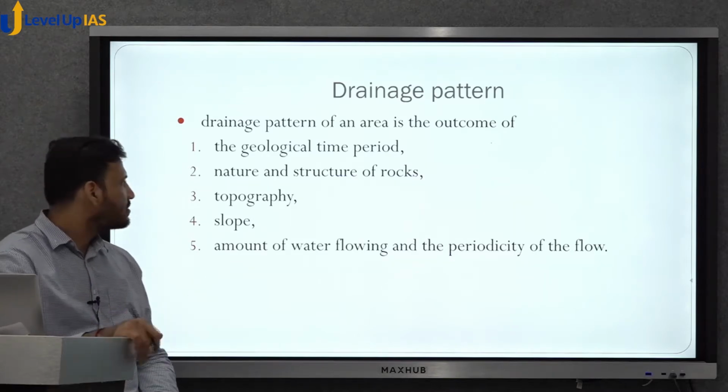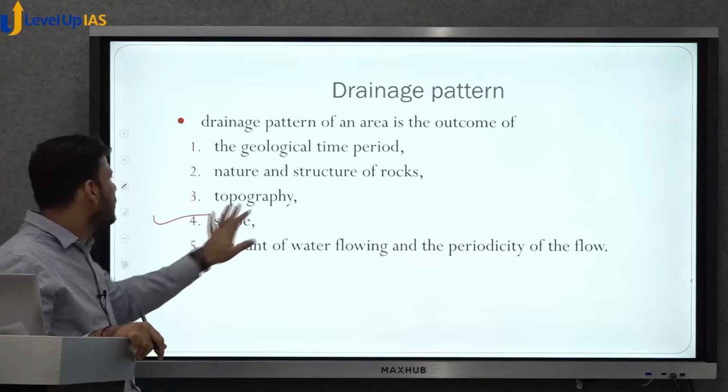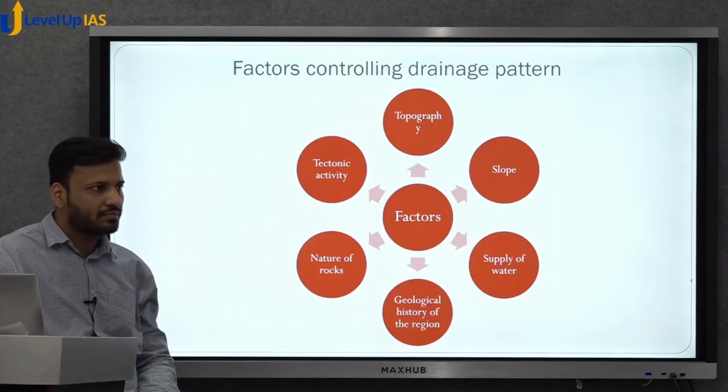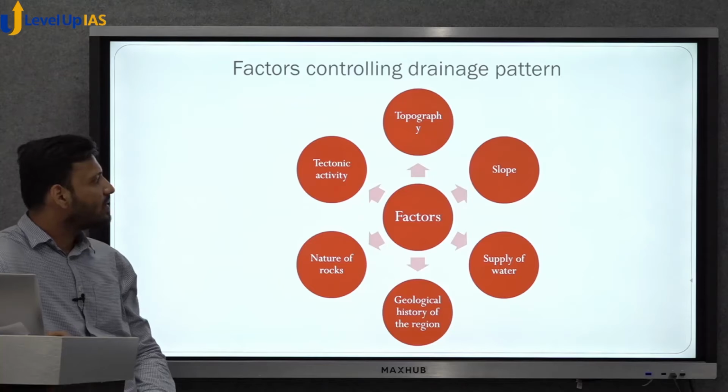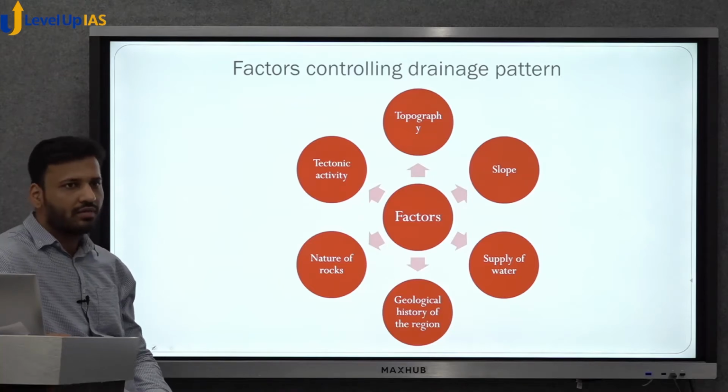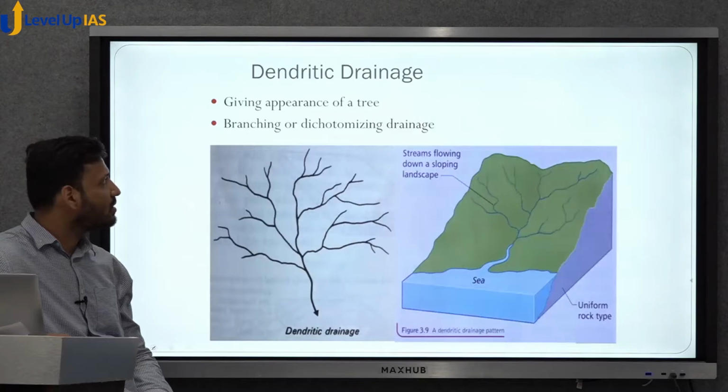These all factors are going to decide the type of drainage pattern in the particular region.